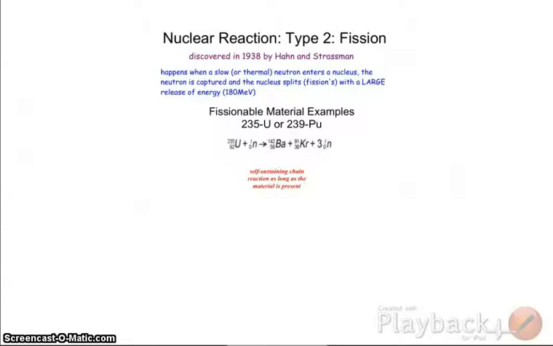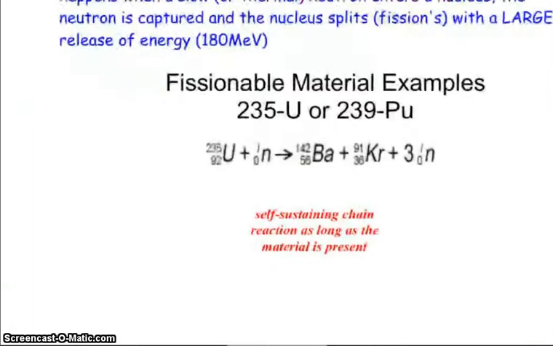Fission has a huge energy release. Fissionable materials are like uranium-235 and plutonium-239. Okay? So those are examples. Here is an example of a fission reaction.